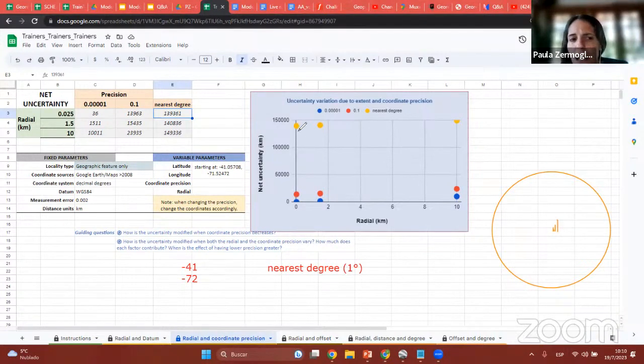So are there questions about these kinds of variation with respect to precision? I cannot see the chat right now.